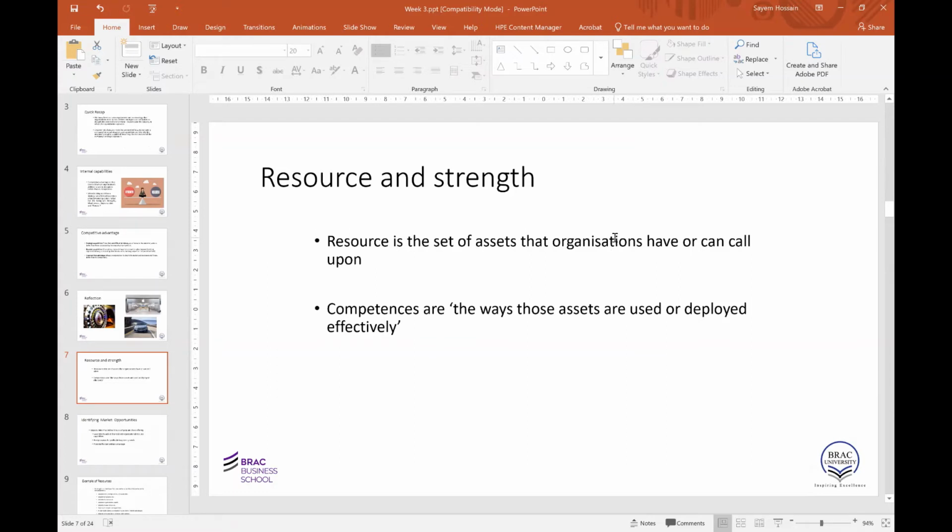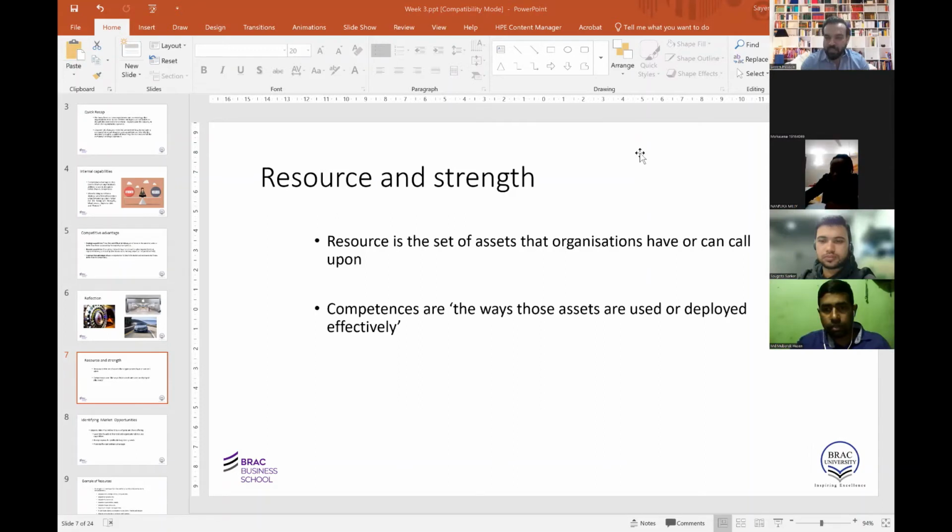Competencies are the ways those assets are used or deployed effectively. Now here's another problem. Many organizations, despite having the resources, weren't able to use their competencies.